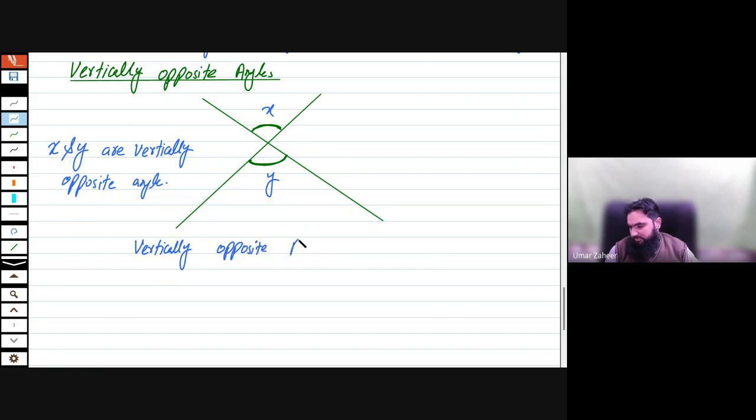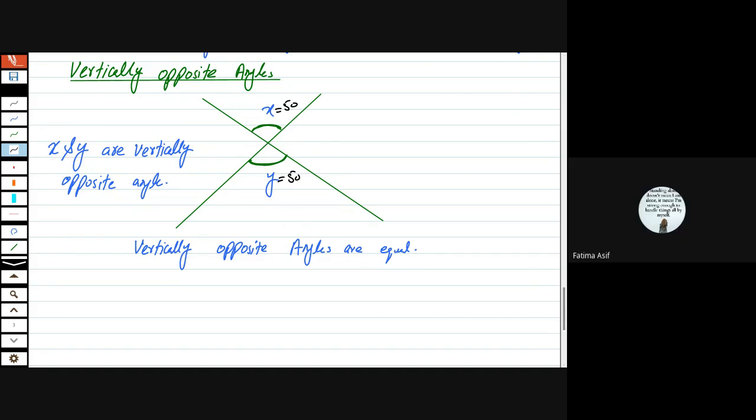Let's say this angle is 50 degrees, so the opposite one must be 50. Clear?